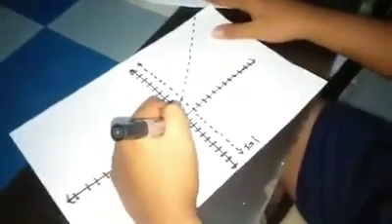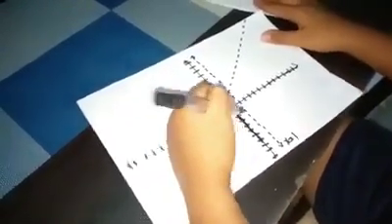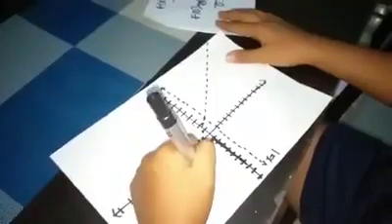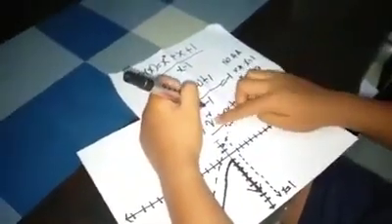And we have to graph. Next, substitute x by 2. 2 squared is 4, plus 2 plus 1 equals 7. 2 minus 1 equals 1.